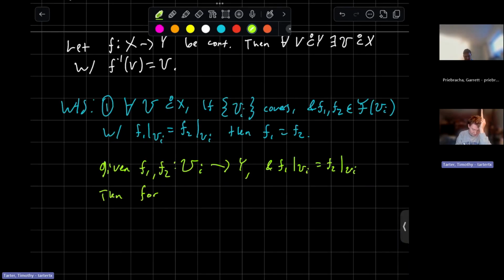Then for F1 inverse of V is equal to UI is equal to F2 inverse of V is equal to UI.